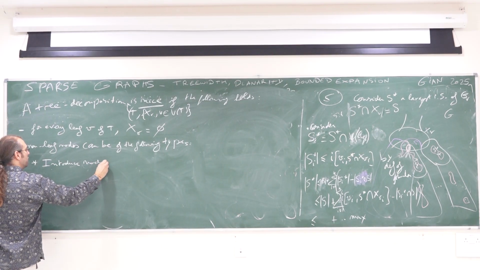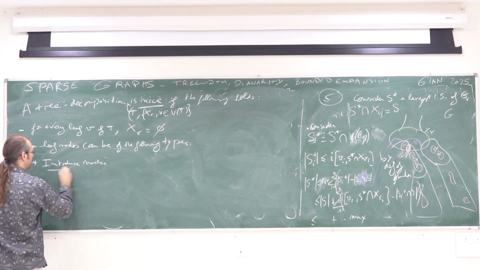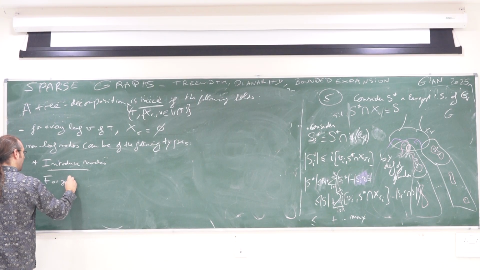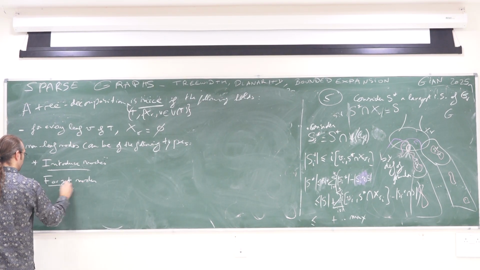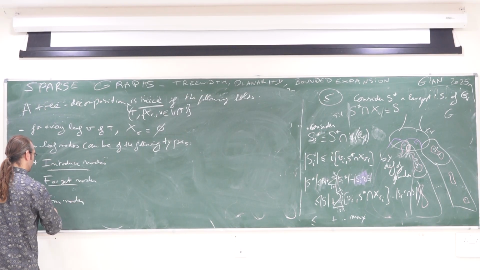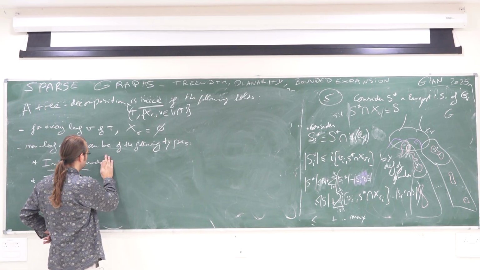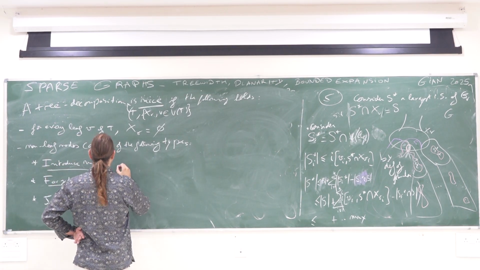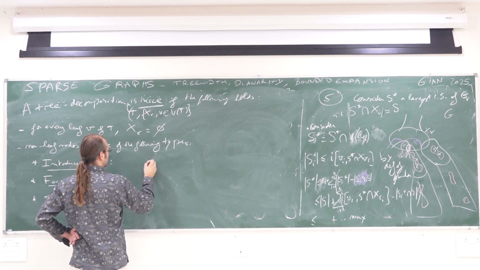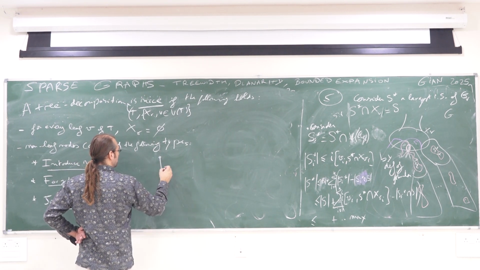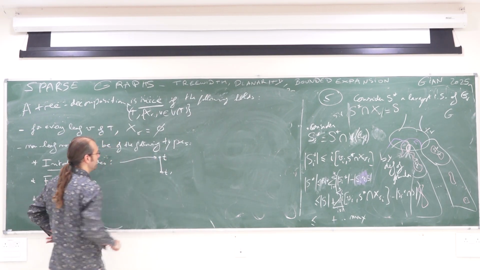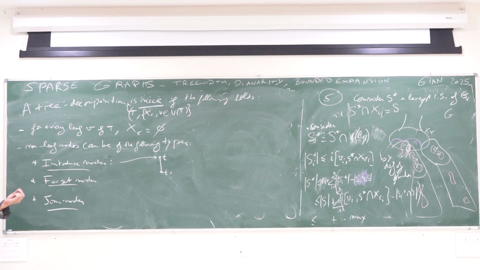We have so-called introduce nodes, forget nodes, and join nodes. So what's an introduce node? Let me do a picture, it will be easier. An introduce node, first of all, has only one child.